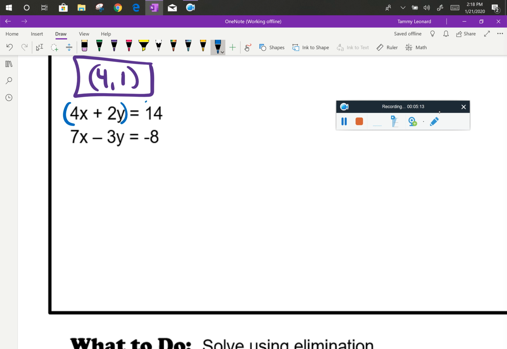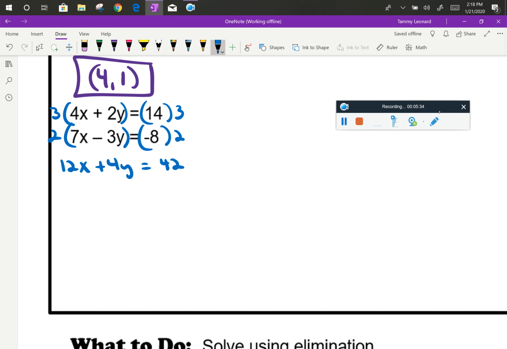I've got to turn them both into something else. Well, notice if I multiply the top equation by 3, I got the 3 from right here. And I multiply the bottom equation by 2. I notice I got the 2 from right there. My top equation will become 12x plus 6y equals 42.